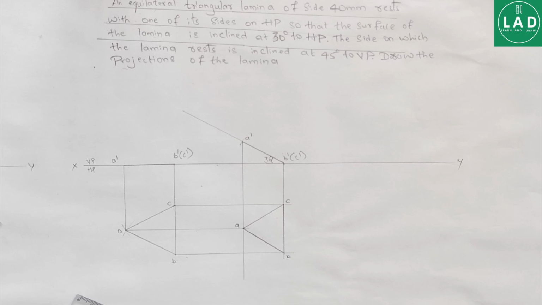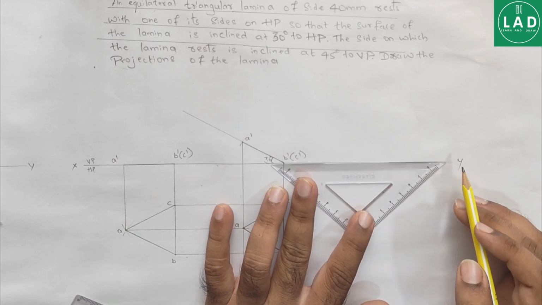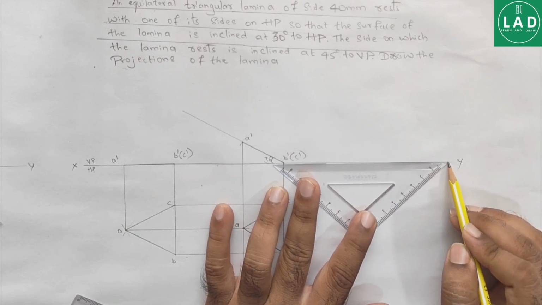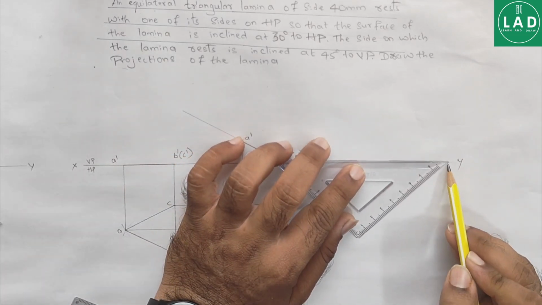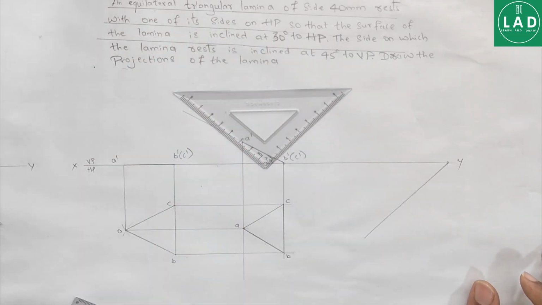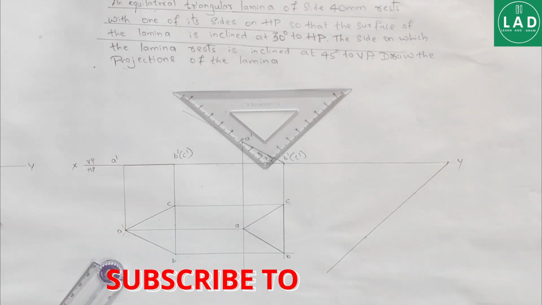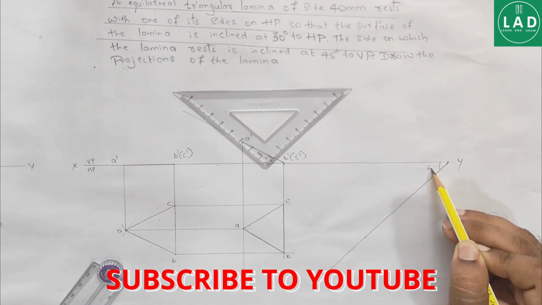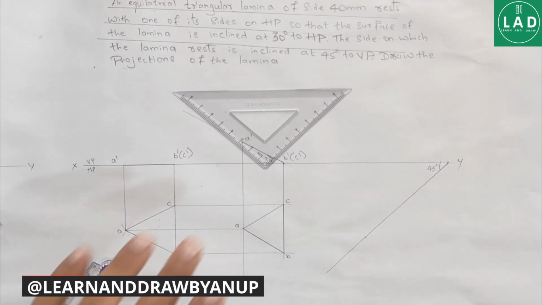So here, to draw this from the XY line, I am marking some point. So like this. I am using the 45 degree set square. So I have drawn a line which is inclined at 45 degree to VP.